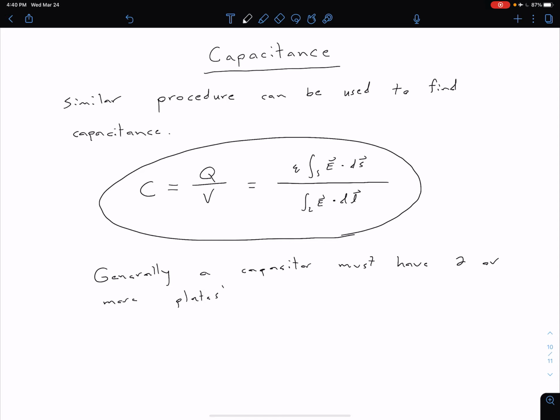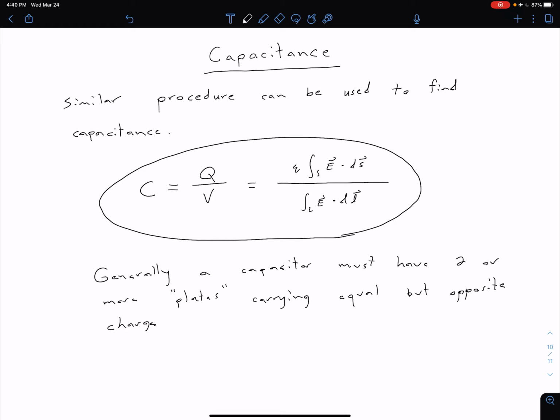And so we're going to consider primarily in our examples just simple parallel plate capacitors, although later on we are going to talk about some more complicated structures, not necessarily complicated, but such as a spherical capacitor and a coaxial capacitor or a coaxial cable. So these plates have to be carrying equal but opposite charge.